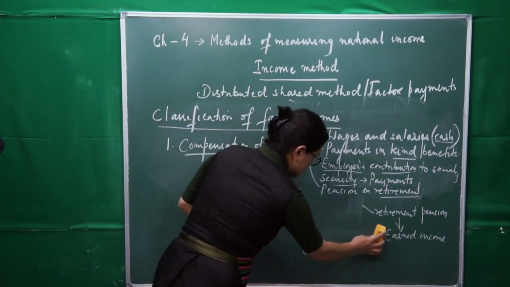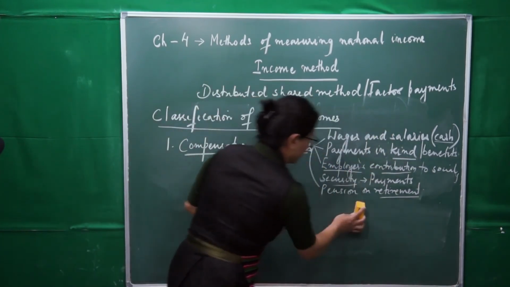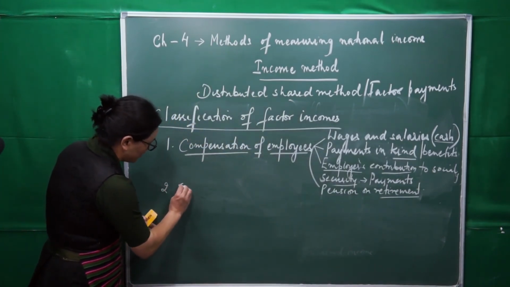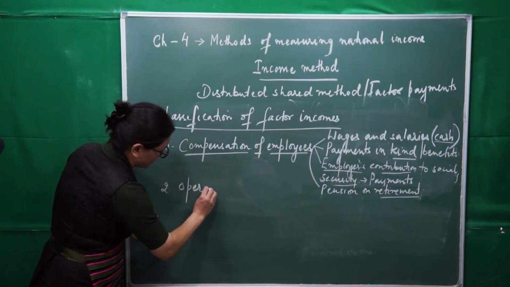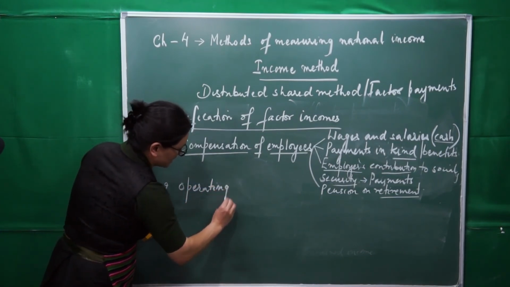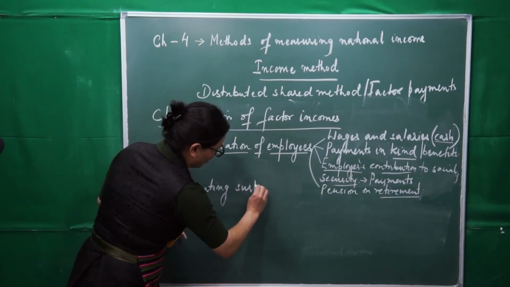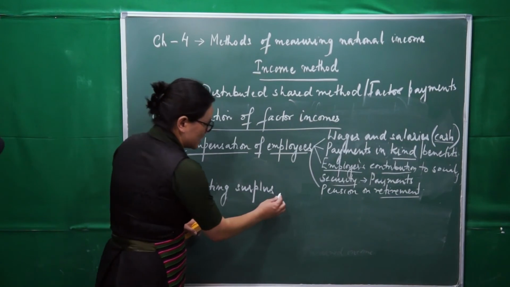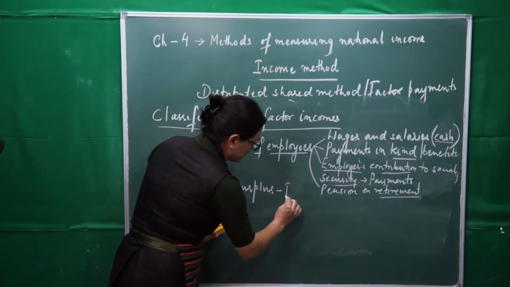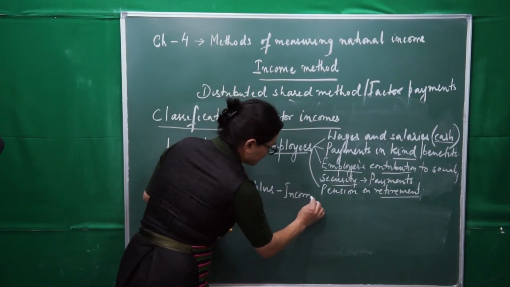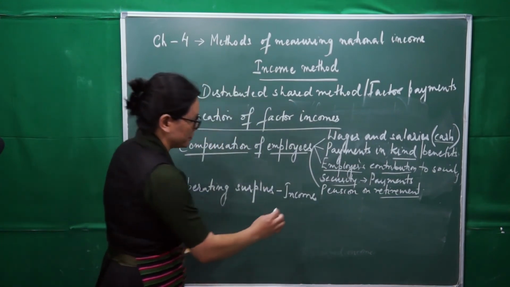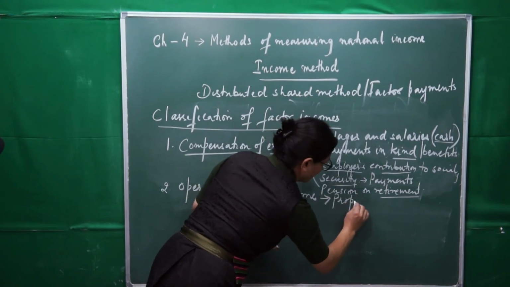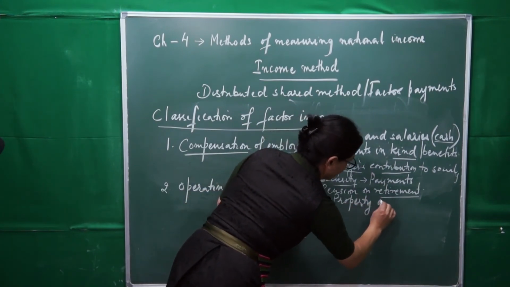Then, second classification of factor income is operating surplus. Now, what is this operating surplus? This is an income from property and entrepreneurship.